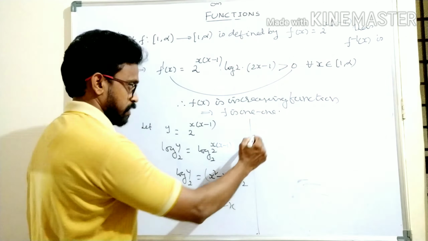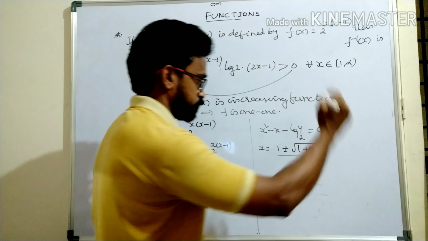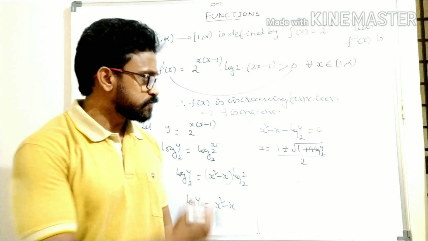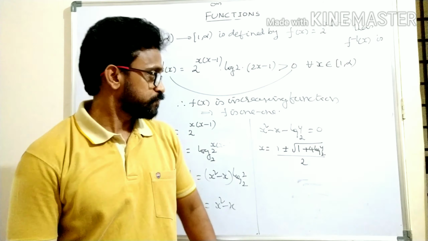Now you can solve it. x is equal to, using minus b plus or minus root of b square minus 4ac by 2a, very clear, 1 plus or minus root of 1 plus 4 log y to the base 2, whole divided by 2. This is the value of x. Observing here, what is our x value? x belongs to [1, infinity).